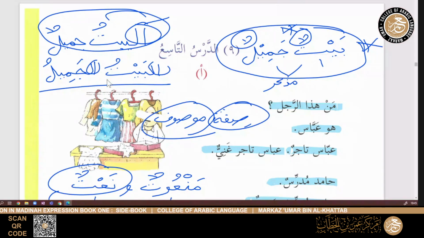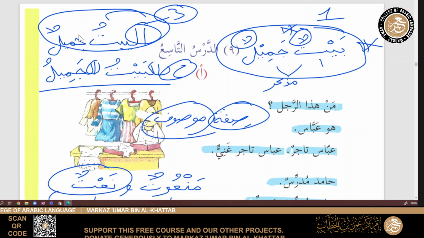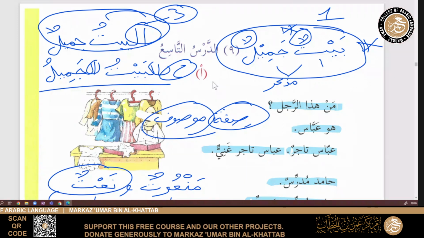So we say al-baytu al-jamilu, the beautiful house. So in the first we have a beautiful house, here the beautiful house, and in the mubtada and khabar, the house is beautiful. Three different meanings.